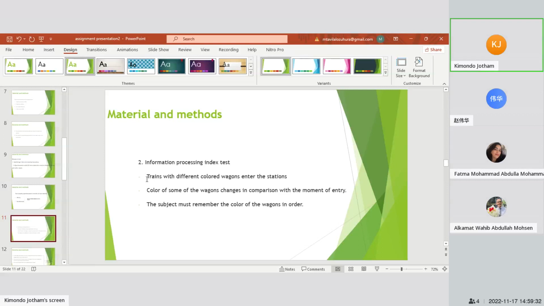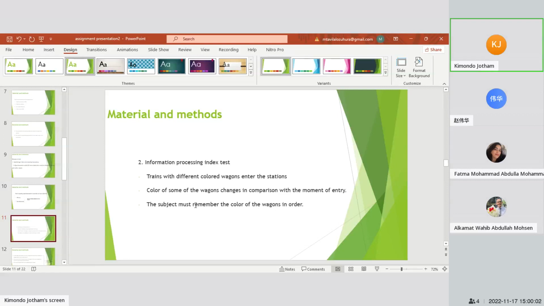So how they designed it: trains with different color wagons enter the station. They made the stations and selected different trains with different colors to pass through the stations, and the subject must remember the color of the wagons as they pass through the stations.